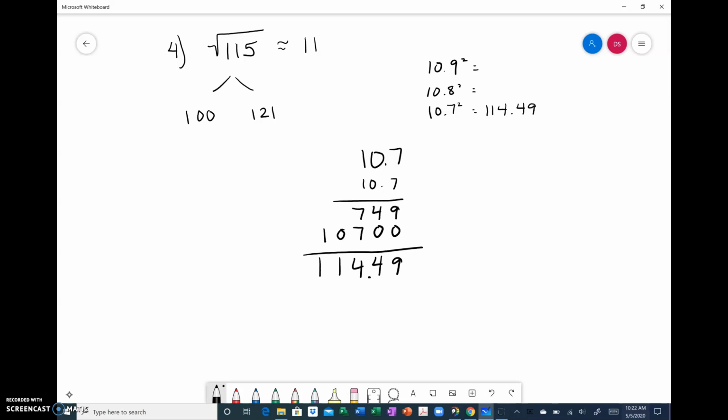All right. Wow. I'm just going to tell you, there is no way we're going to get closer than 51 hundredths away from 115. So I hit the nail on the head. That helps make up for that extra multiplication I just did. So, to the nearest tenth would be 10.7.